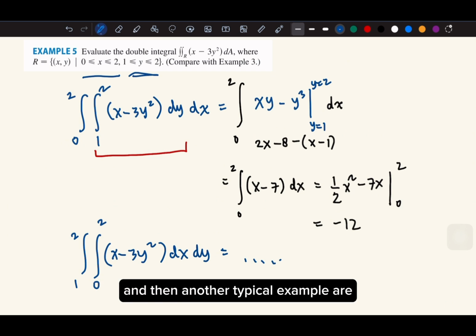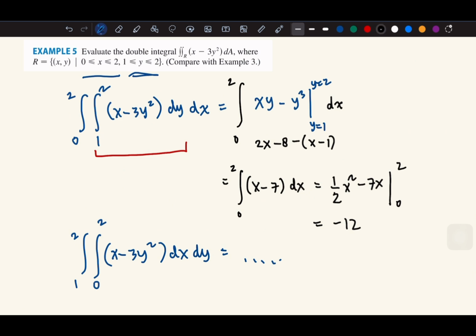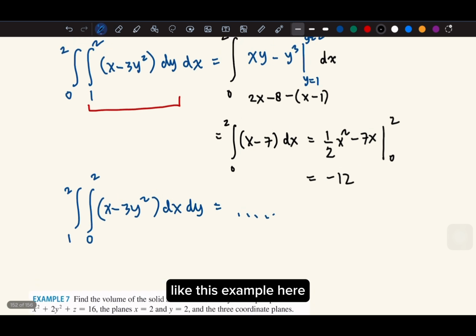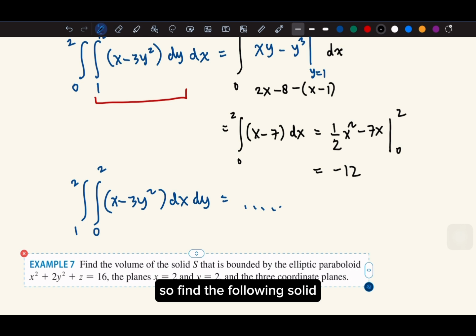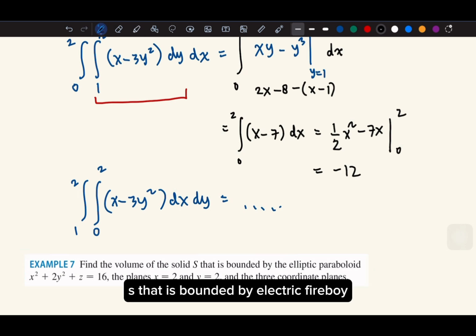And then another typical example is evaluating the volume. Okay, volume of the solid, like this example here, example 7. So find the volume of solid S that is bounded by the elliptic paraboloid, and you have the equation, and the planes x equal to 2 and y equal to 2. So x equal to 2 and y equal to 2 are like the planes that cut off the space.